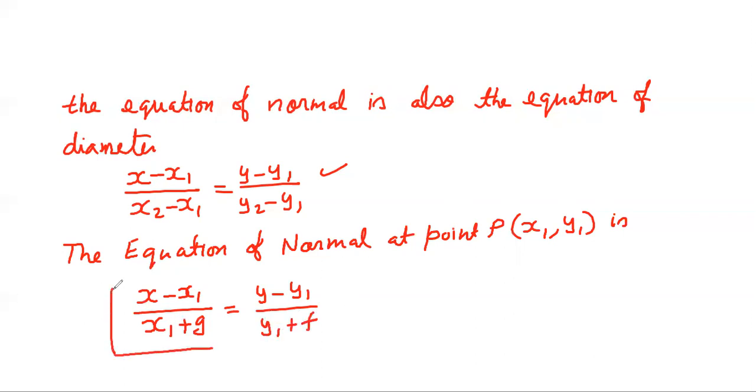This is the equation of normal to the circle at the point P(x1, y1).